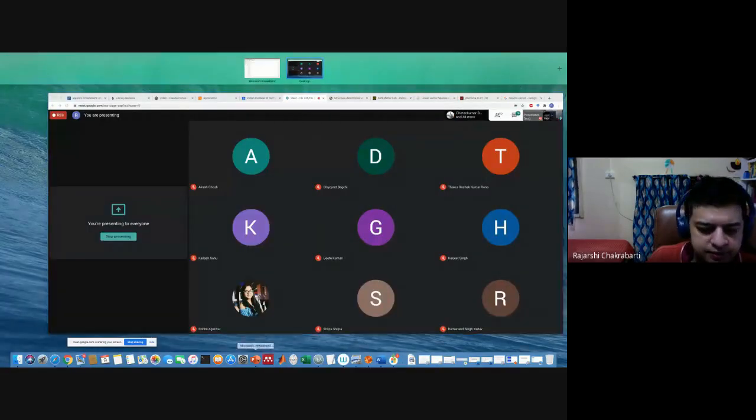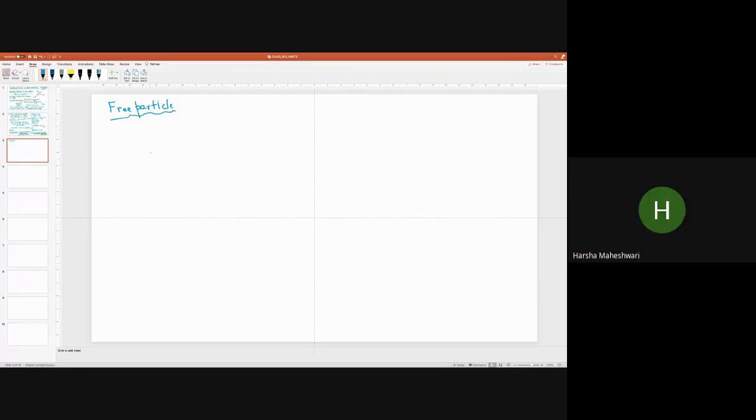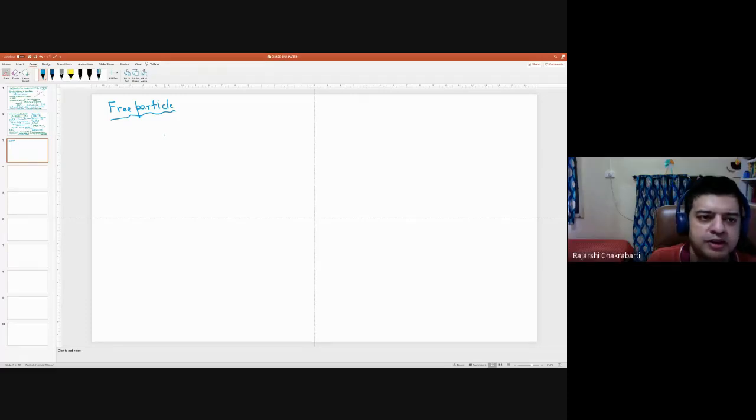Can anyone tell me? Sir, in particle in a 1D box, the particle is moving from 0 to L freely with the potential V equal to 0. No, you are not right. Particle inside a box is not a free particle.